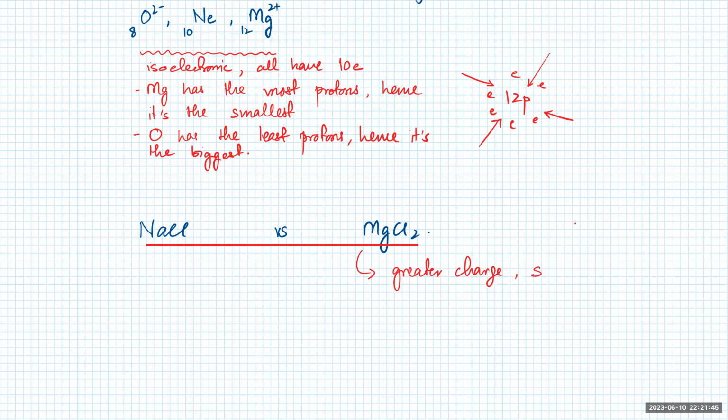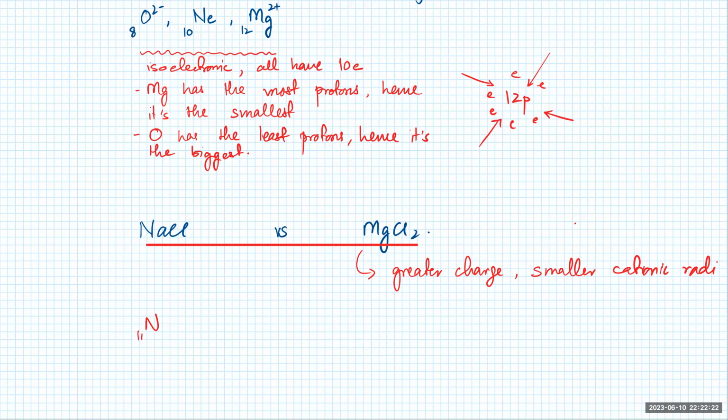So greater charge, and it's also got the smaller cationic radius. Mg2+ and Na+ both have the same number of electrons, 10 electrons, but Mg having more protons is going to be smaller in size. Is this clear? Yep.